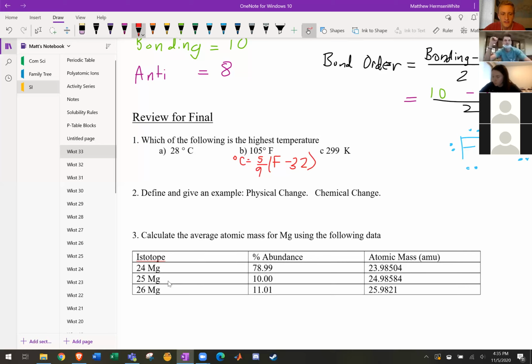I'll just write down the formulas here for number 1 and 3, just in case anyone's lost and don't want to have to flip through your notebook again.